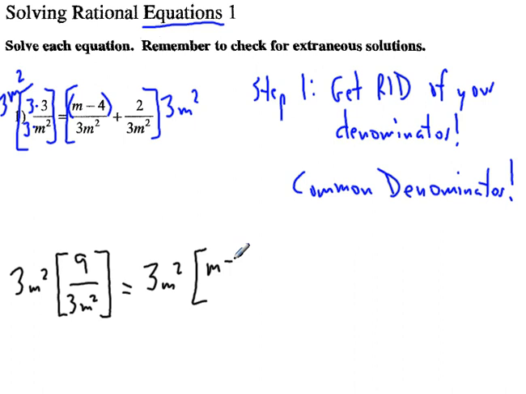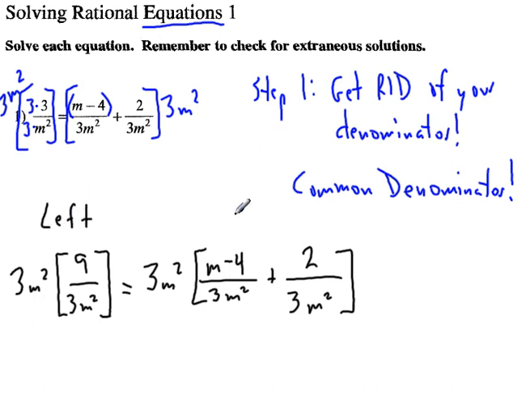And I have m minus 4 over 3m to the second plus 2 over 3m to the second. Take a moment and just make sure you understand that this is this. I have the left side of my equation, I have the right side of my equation separated by the equal sign. And all I've done is multiply both sides by my common denominator.